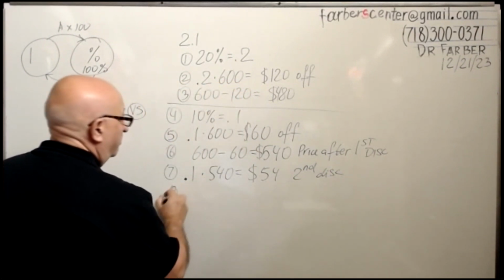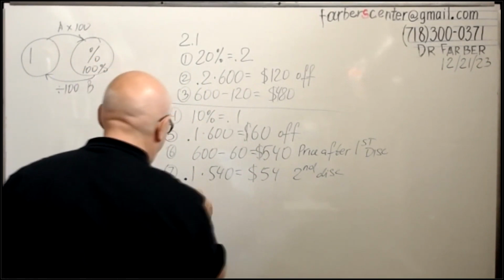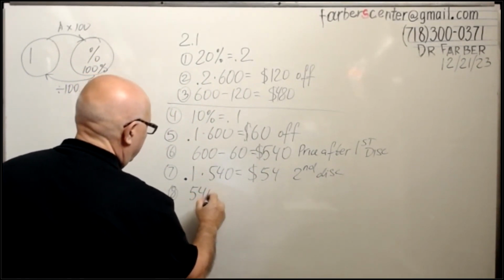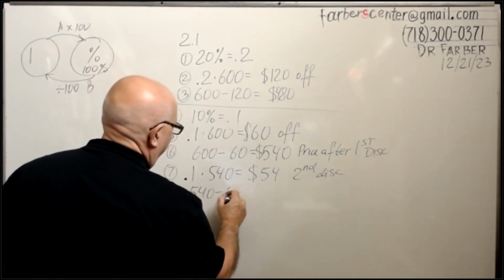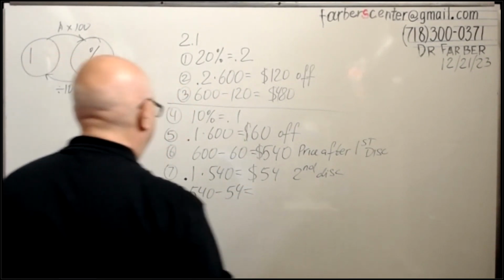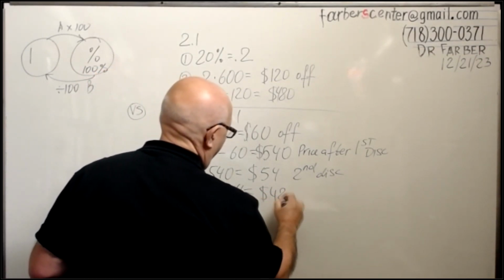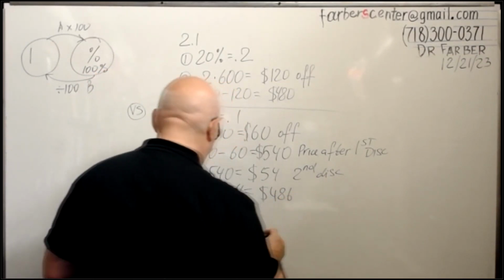Step number 8: since the last price was 540, and you subtract $54, it will be 486. This is the final price.